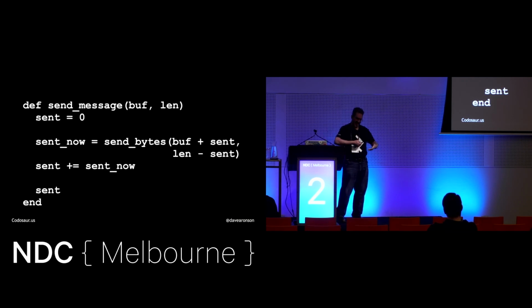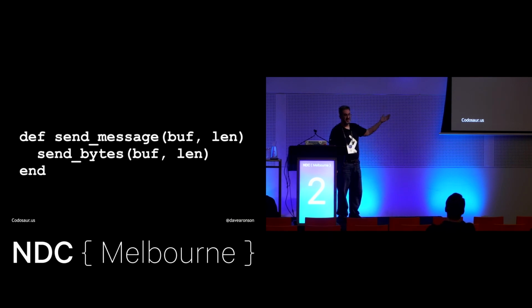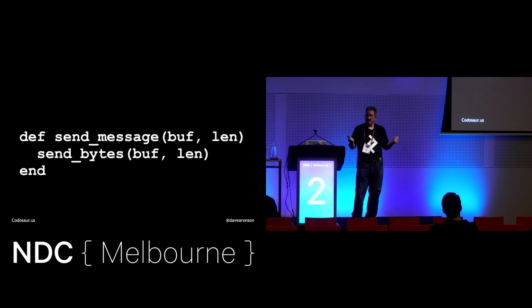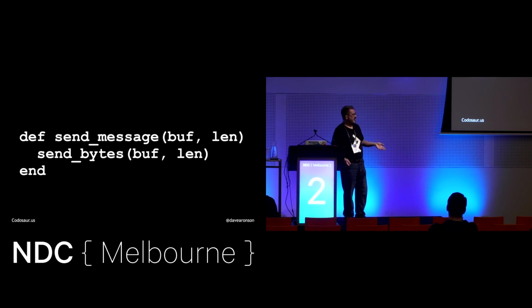And if we remove that and lather, rinse, repeat, then we eventually wind up with this. And now the message is crystal clear. That send message may well be redundant. We can just use send bytes directly. Now, it may not be redundant because we may need some error handling or logging or whatever in send message that isn't in send bytes, but at the very least, the looping was redundant.